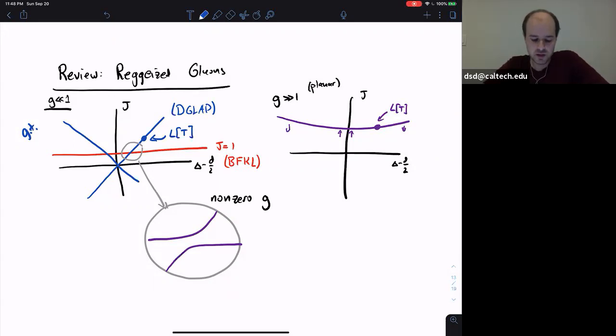But there's also this interesting horizontal trajectory at j equals 1, the so-called BFKL trajectory. At zero coupling, these just cross each other. But the lore is that when you turn on the coupling, they should recombine, and indeed this is what happens if you do calculations. If we zoom in on this intersection point, the 45-degree trajectory and the horizontal trajectory recombine into a pair of trajectories.